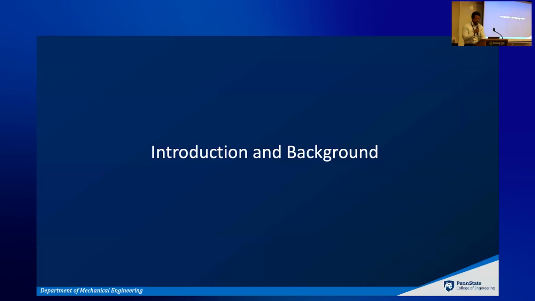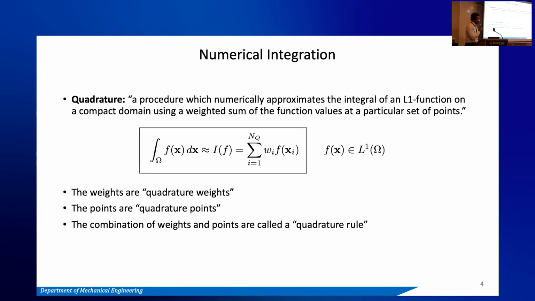So, all right. This talk assumes that you know almost nothing. So what is a quadrature rule? We say it's a procedure which numerically approximates the integral of an L1 function on a compact domain using a weighted sum of the function values at a particular set of points. I said compact domain, I mean closed and bounded domain.